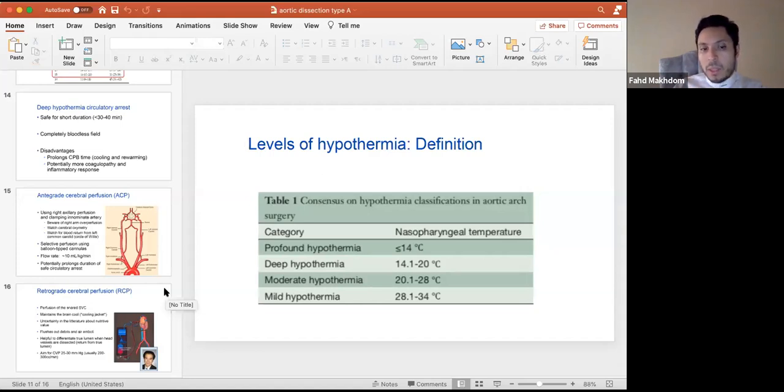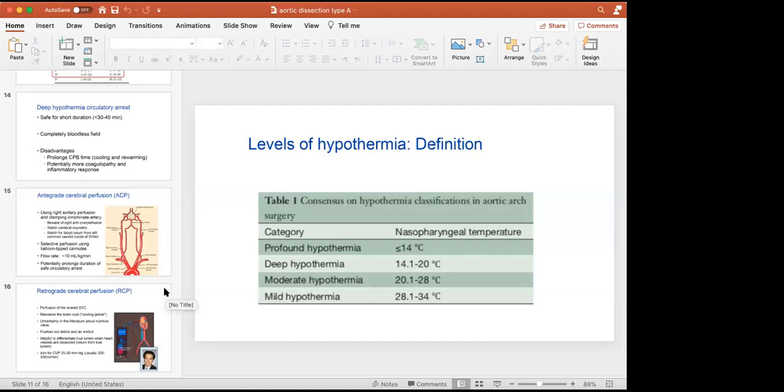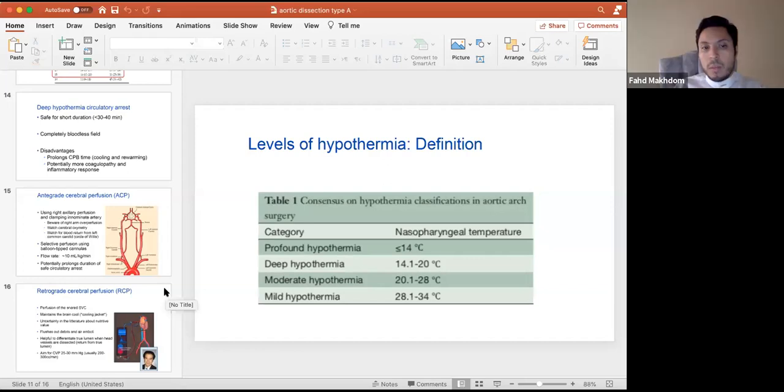My answer in the exam will be as you just mentioned: I will do a Bentall, and in real life as well. If I have a dissection, I will not do valve sparing. I'll do a Bentall because your goal is to get the patient out of the OR alive, unless you are an aortic surgeon in an aortic center, very comfortable with valve sparing surgery, and have done it multiple times or on a regular basis in elective cases, and you think you can help the patient, then yes.